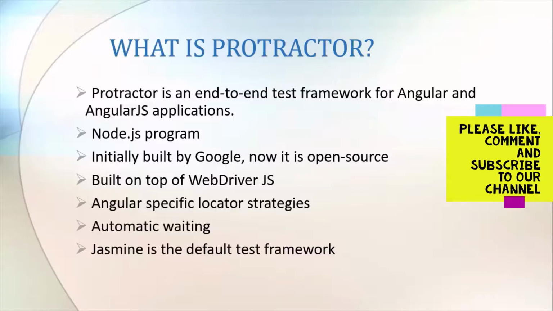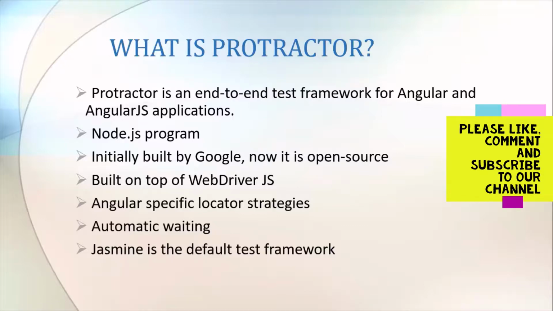So coming to frameworks, Protractor supports a lot of different frameworks. Jasmine is one of the most popular ones, right? Protractor supports mostly the BDD style frameworks, right? So Jasmine is also a BDD style framework where you can write BDD tests along with integration and unit testing, right?